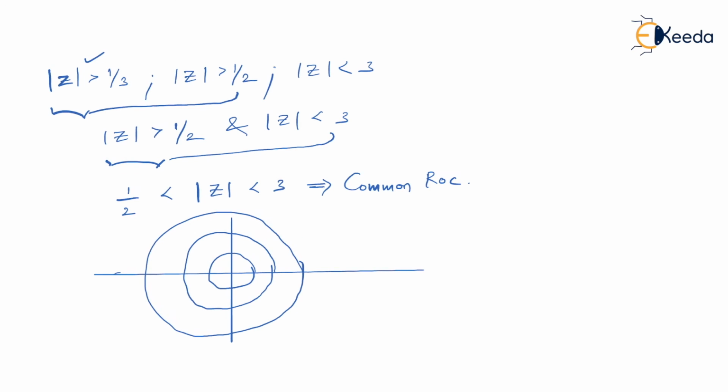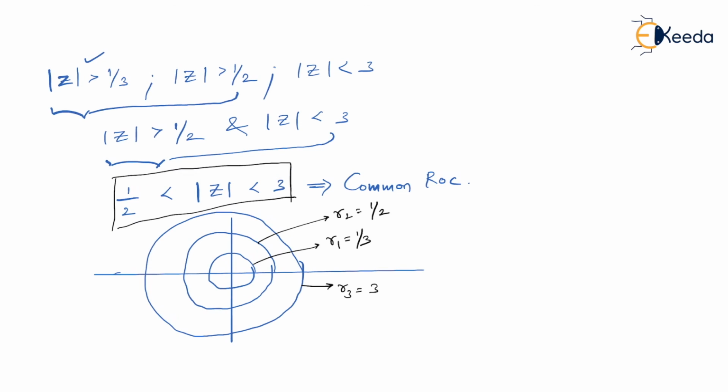And your ROC is lying between greater than 1 by 2 and less than 3. So the first circle has radius equal to 1 by 3, the second circle has radius 1 by 2, and the last circle has radius 3. And we have to see the ROC between 1 by 2 and 3.